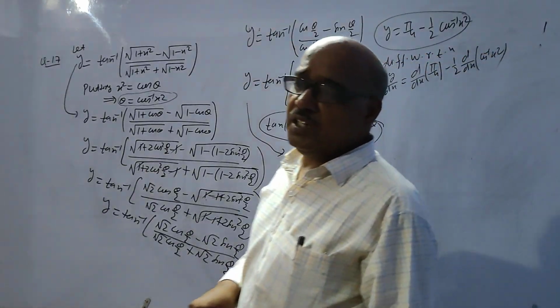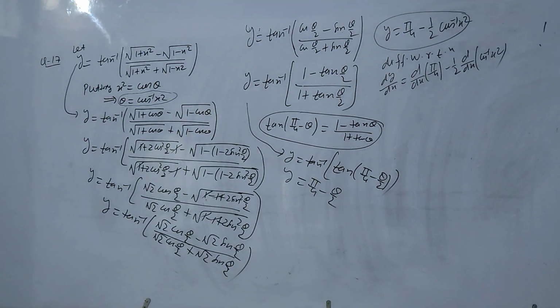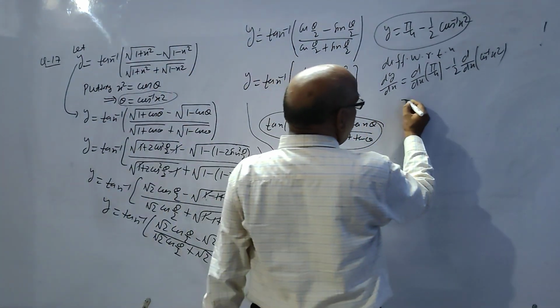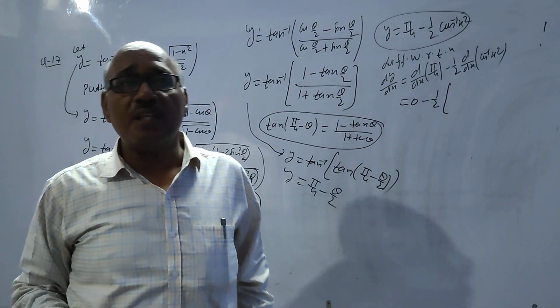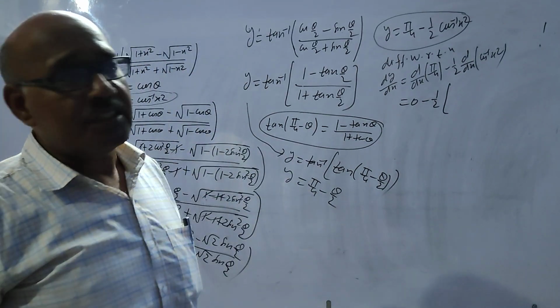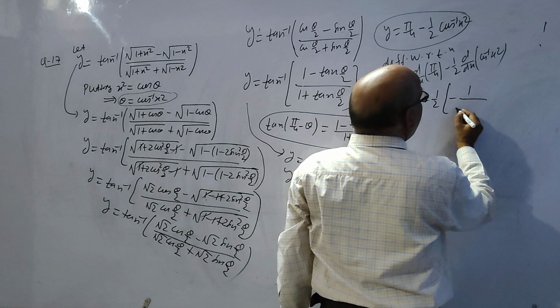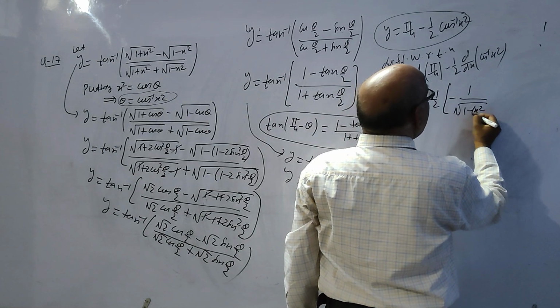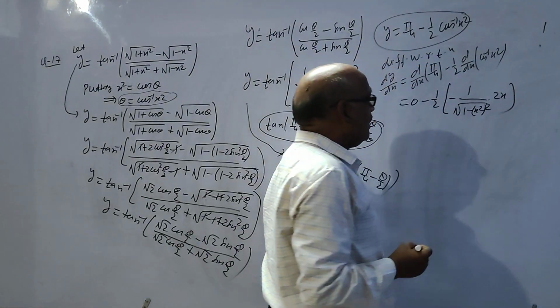Pi by 4 is a constant, and you know the differentiation of a constant is 0. So the differentiation of pi by 4 will be 0, minus 1 by 2. Differentiation of cos inverse x is minus 1 upon under root 1 minus x square. In place of x, it is x square. So minus 1 upon under root 1 minus (x square) whole square, and the differentiation of x square is 2x.